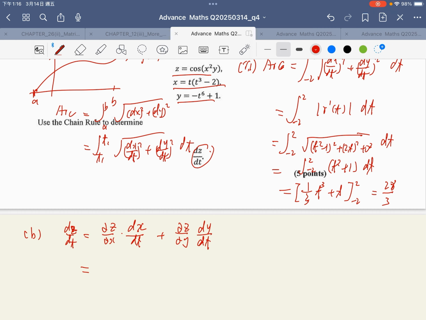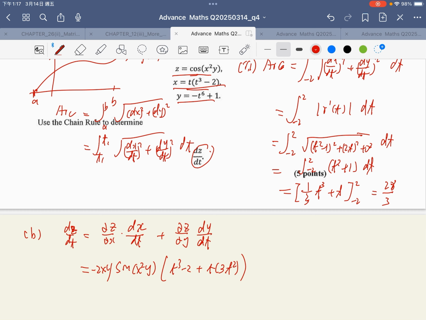For dz over dx, by the chain rule, the derivative of cosine gives negative sine, then differentiate the inside with respect to x, giving 2xy. And for dx over dt, we have to use the product rule: t cubed minus 2 plus t times 3 times t squared.